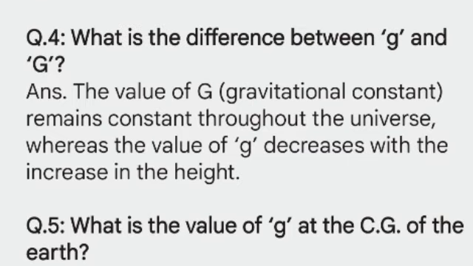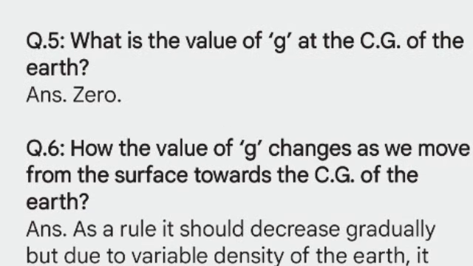The next question: what is the difference between small g and capital G? Answer: the small g is the constant value in the universe, but capital G decreases with the increase of the height. Next question: what is the value of g at the center of the earth?